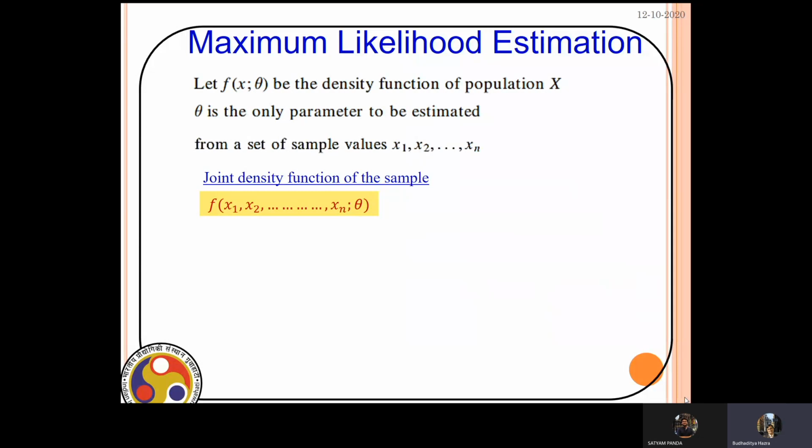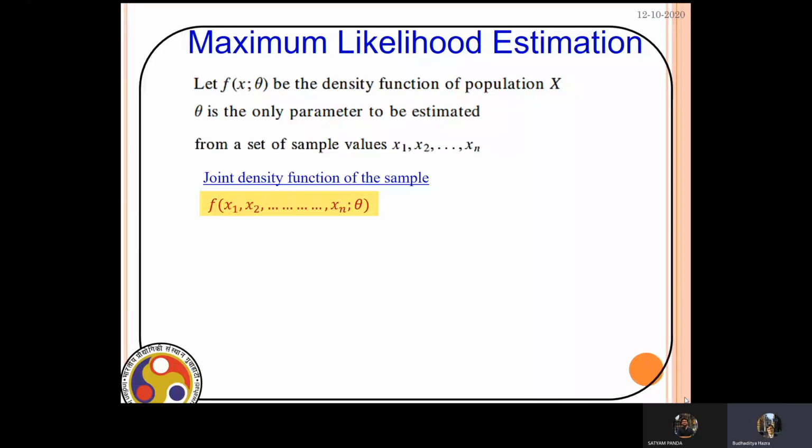We assume something called IID sampling, the independent and identically distributed sampling. What is the meaning of IID sampling? All these sample observations, that is x1, x2, x3, x4, are independent of each other and they come from the same distribution.